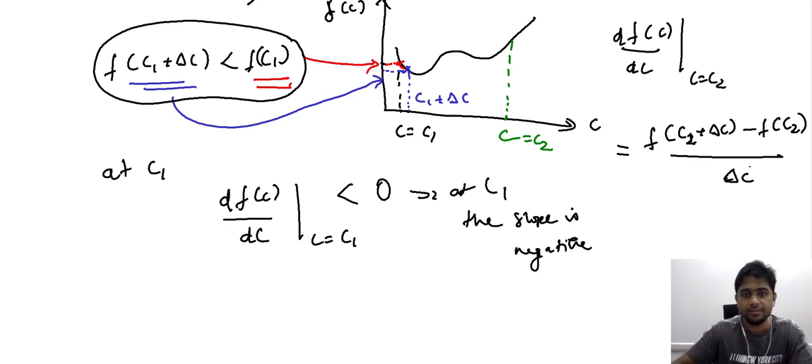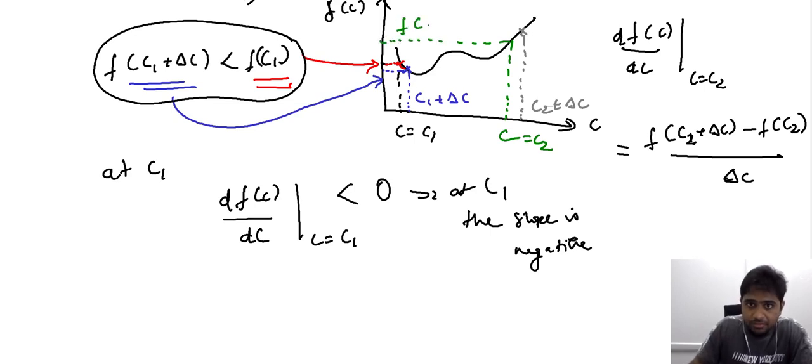Now when you move away from C2 by delta C and take up a position here, so this is C2 plus delta C, it is possible for us to note that the green one is the free energy at C2, and the grey one is the free energy at the subsequent point.